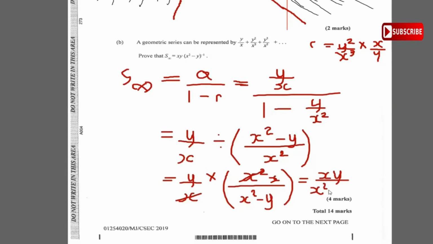But we're done there. You can go further to rewrite it as xy times x squared minus y, and we can rewrite that as x squared minus y to the minus 1.